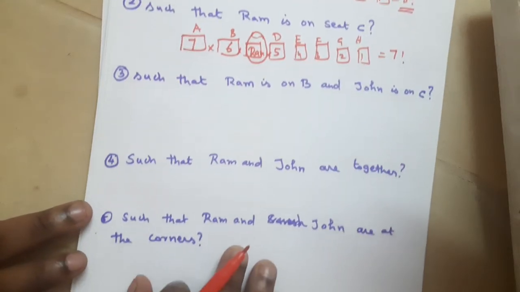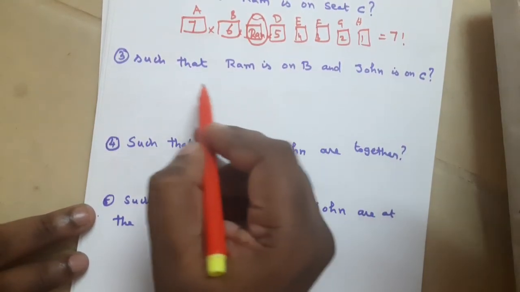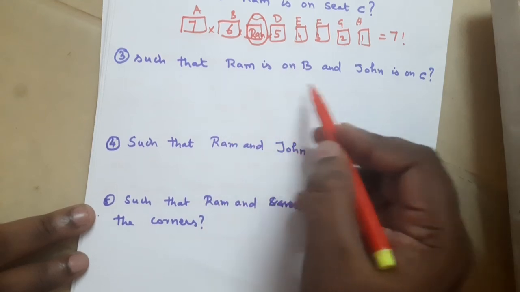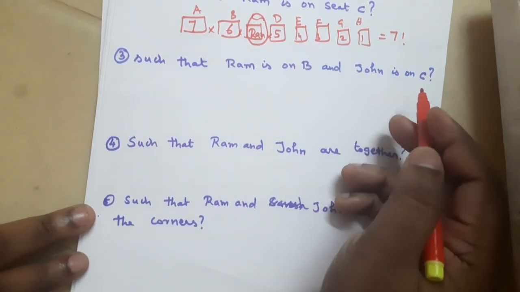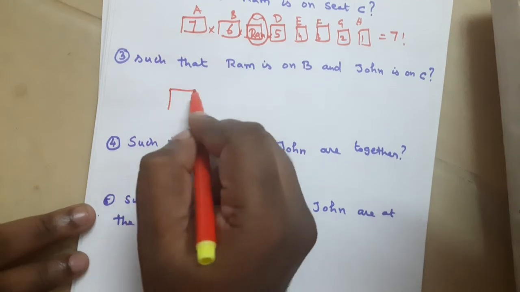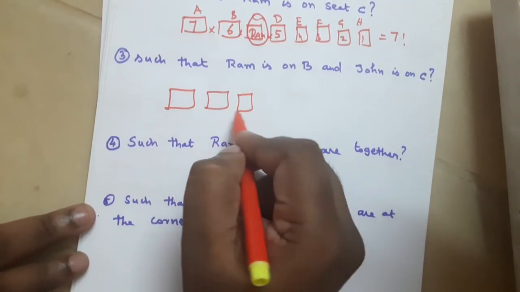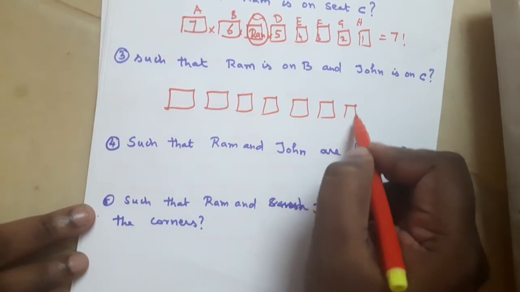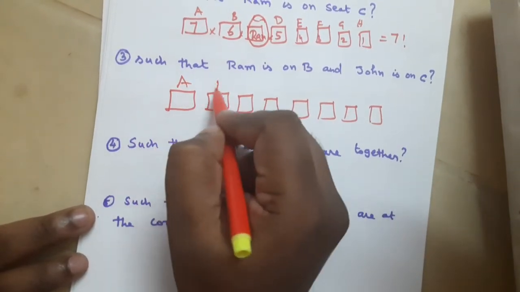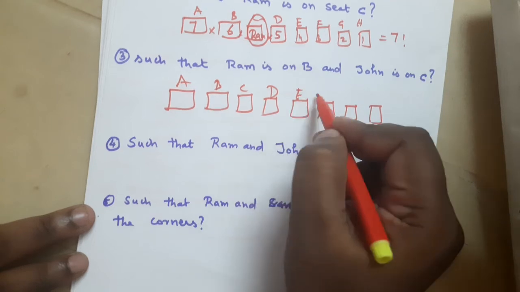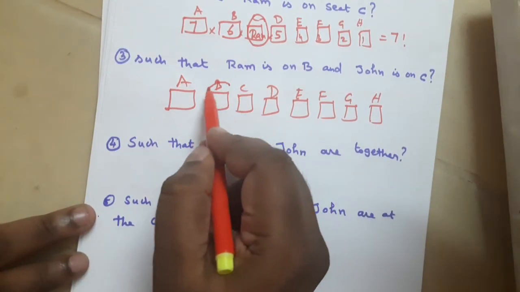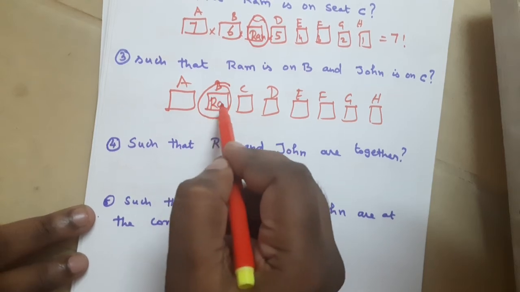Next, similarly, such that Ram is on seat B and John is on seat C. It is the same thing. A, B, C, D, E, F, G, H. In B, Ram.